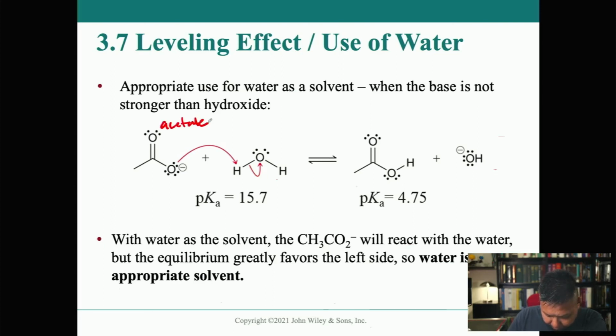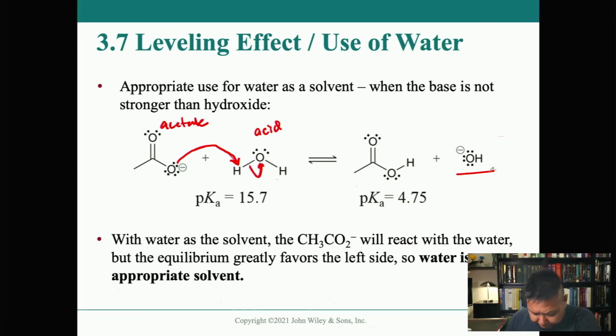And we have water. And water is the acid here. How do we know water is acting as the acid? Because the electrons from the acetate ion's oxyanion are coming over here to take that hydrogen, that proton, away from the water. And then the electrons from that bond go to the oxygen, forming the hydroxide ion, right?